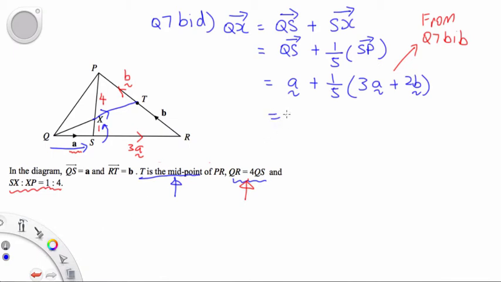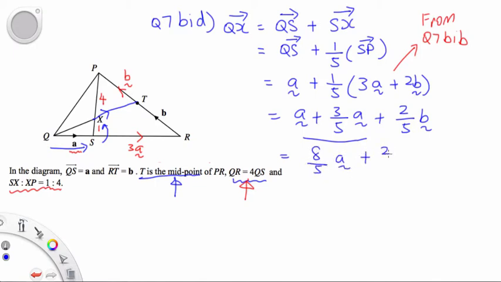Okay, expand and simplify. The A and A can still be simplified further. And then you will have your final answer, QX.